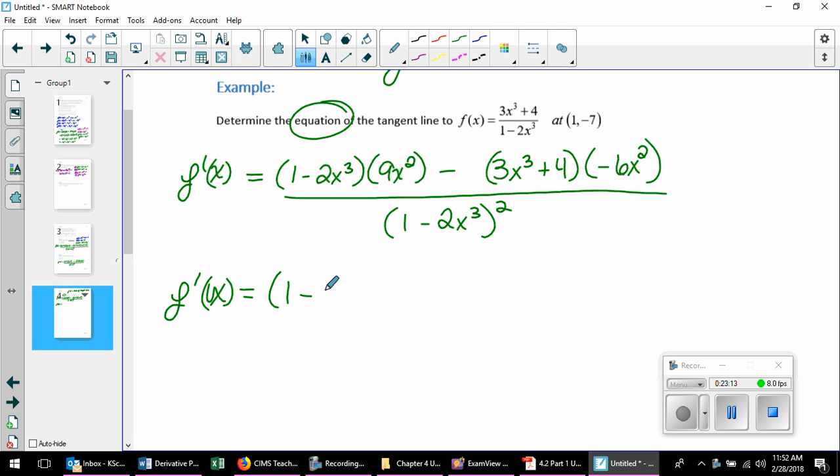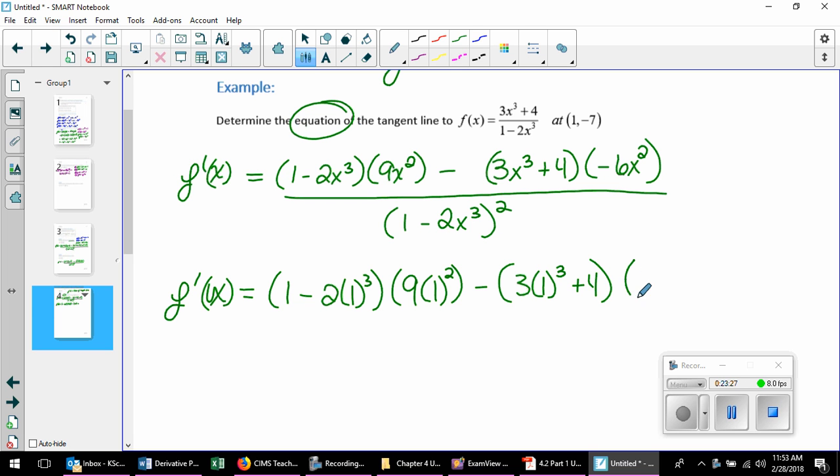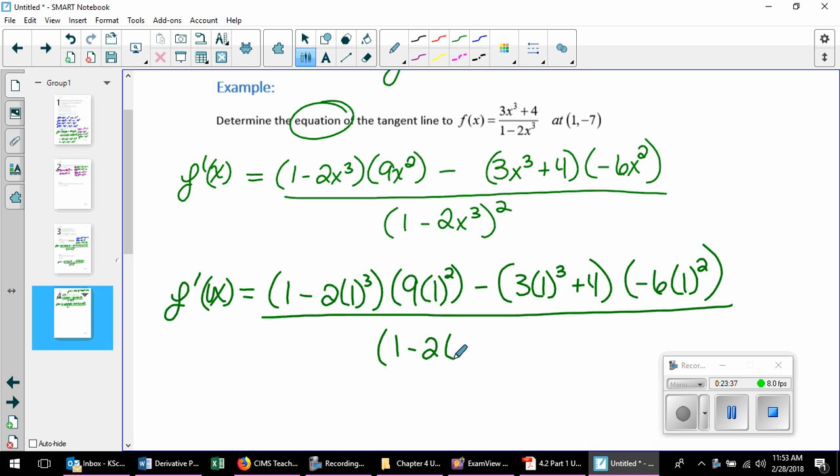So 1 minus 2 times 1 cubed times 9 times 1 squared minus 3 times 1 cubed plus 4 minus 6 times 1 squared, all over 1 times 2 times 1 cubed, all that squared.